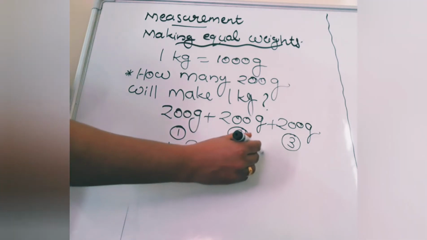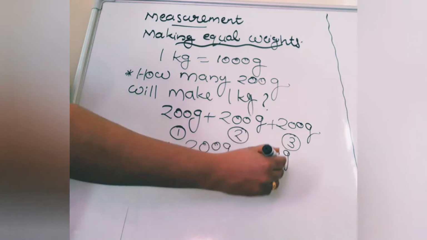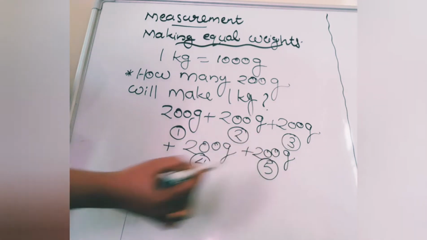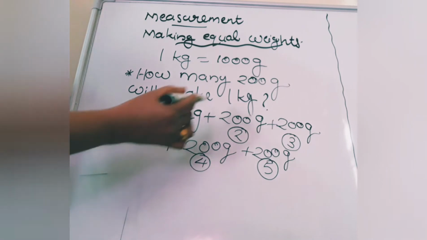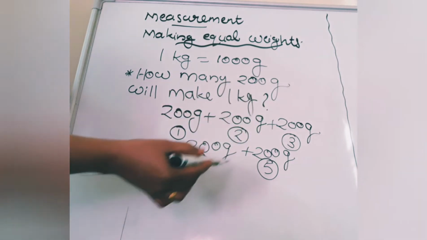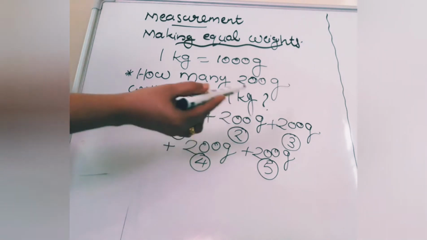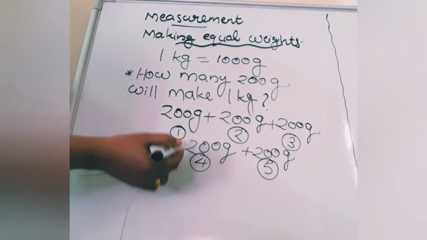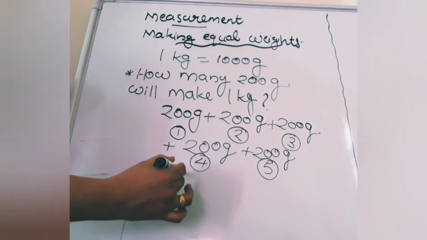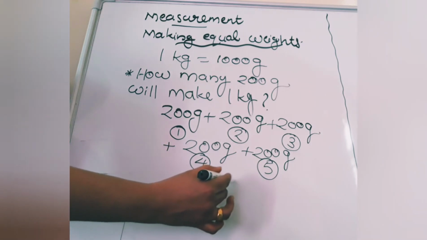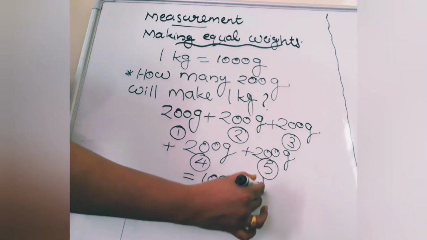Now one more 200 gram you take. This is 5 times now. 200 plus 200, 400. 400 plus 200, 600. 600 plus 200, 800. 800 plus 200 is 1000. Is equal to 1000 gram is equal to 1 kg we got.